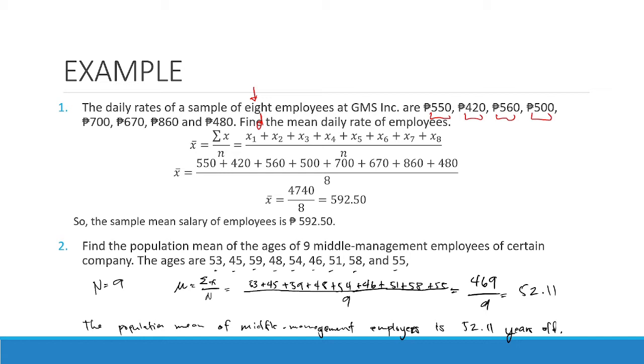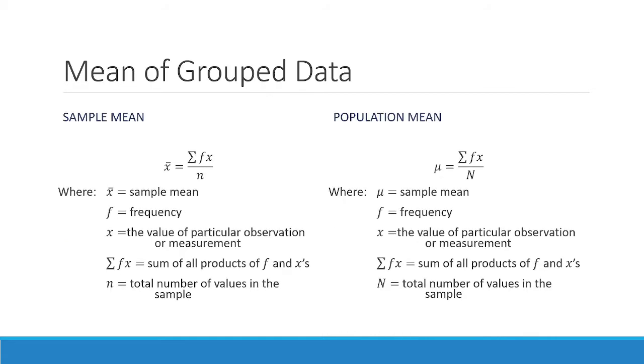So moving on to the next part of our lecture, we will be looking into the mean of grouped data. As you can see here, it is almost the same as the mean of ungrouped data, but we just added here our F. We added F wherein F is just the frequency.